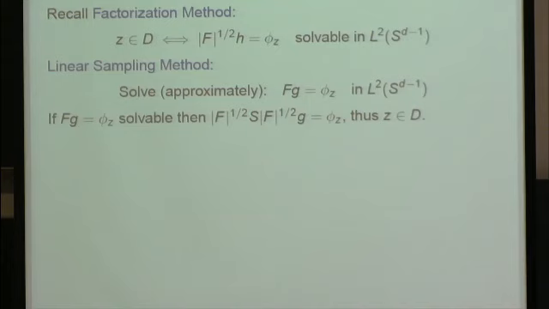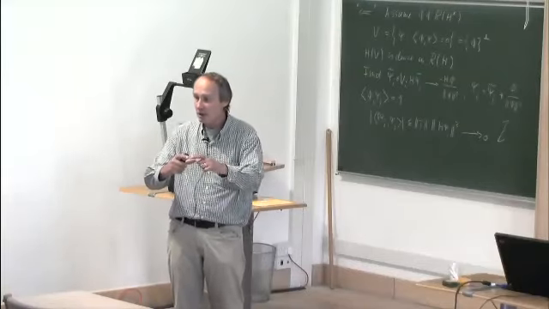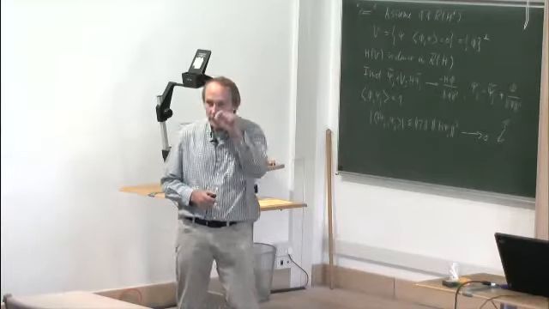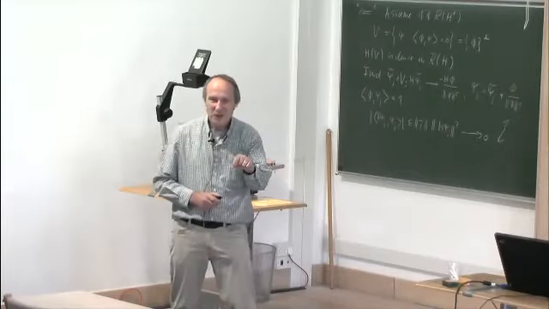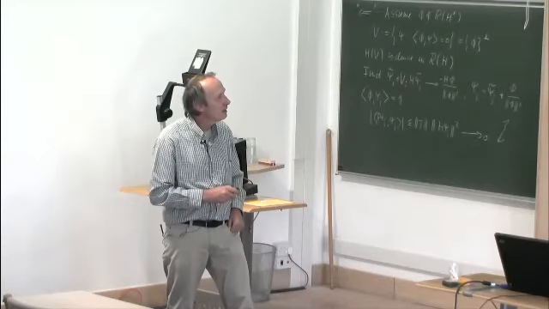And that is the main drawback of the linear sampling method. The solvability of the equation only discovers a subset of D. If you look at the case of a ball, then this is solvable only for the center of the ball. So in theory, you cannot really determine the domain from solving this.